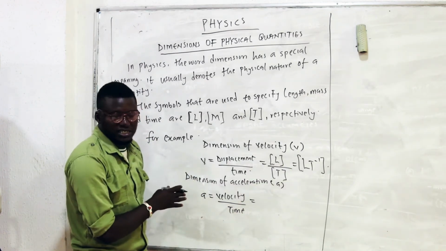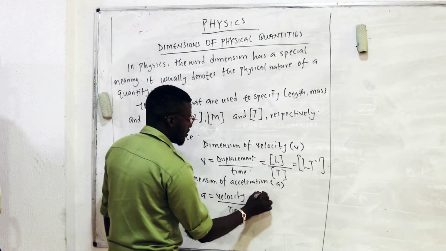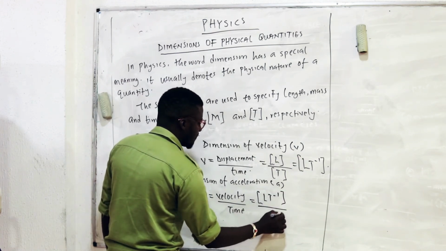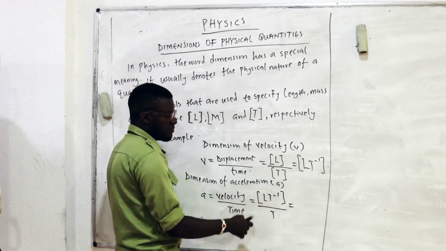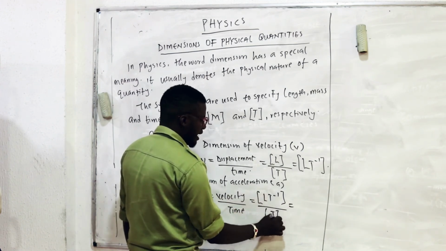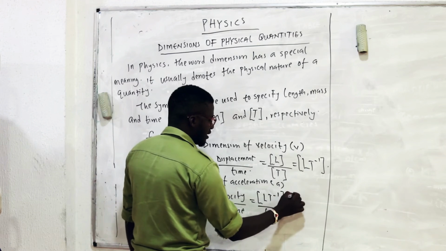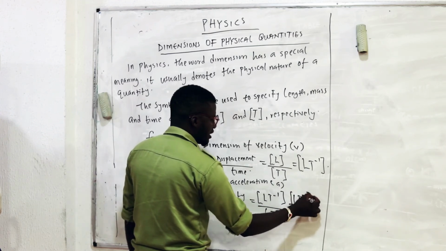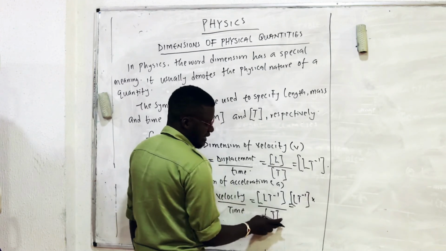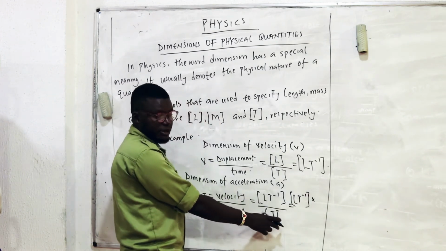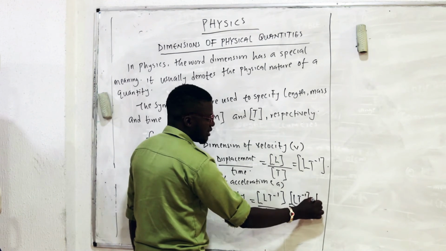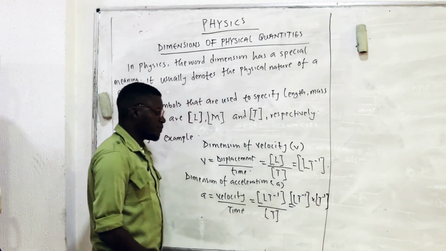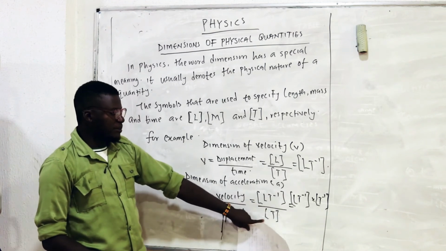Then my dimension of acceleration is going to be the dimension of velocity, LT minus 1, over time. So it's the same thing as LT minus 1, the dimension of velocity, multiplied by 1 over the dimension of time. So it becomes the dimension of T raised to the power of minus 1, because I have it as 1 over the dimension of time.